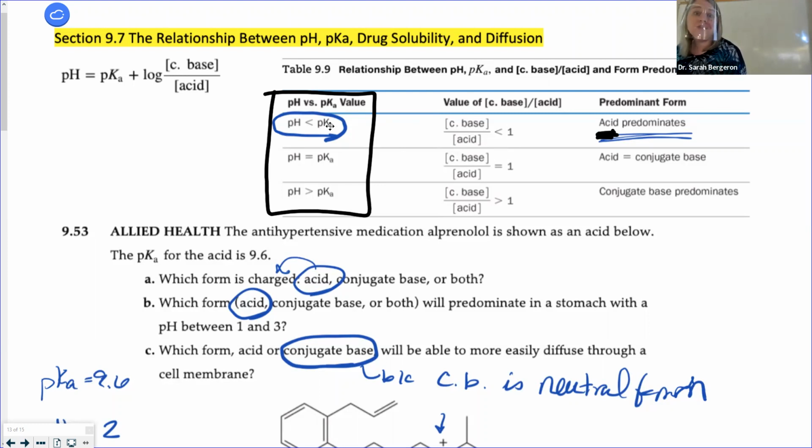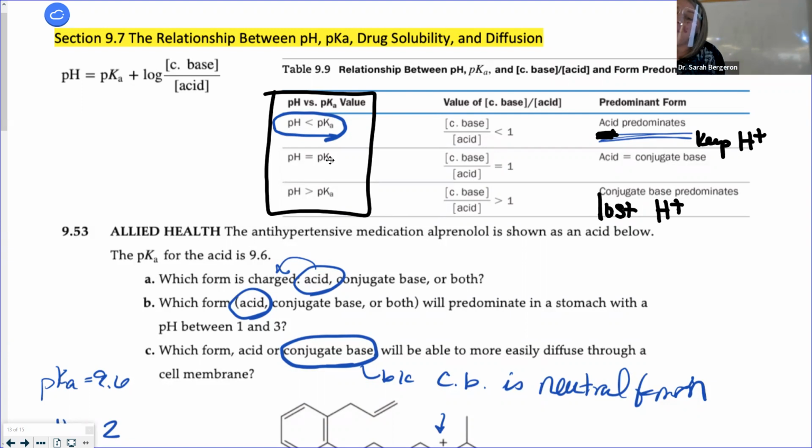It's keeping the hydrogen. If I have a pH that is greater than the pKa, that means that I've formed the conjugate base. So what's happened? I've lost the hydrogen. In the acid form, I'm going to keep my hydrogen.